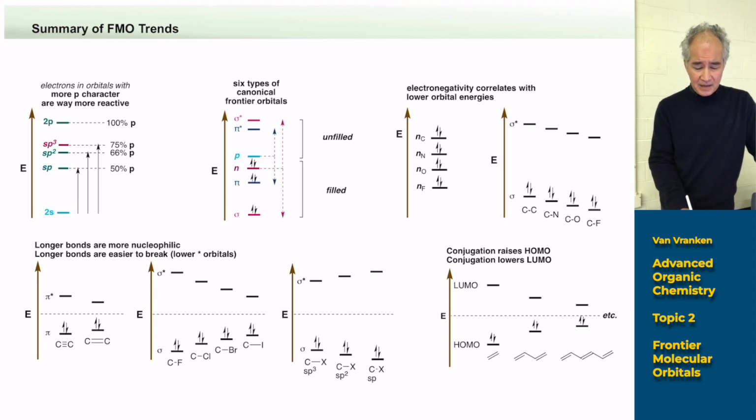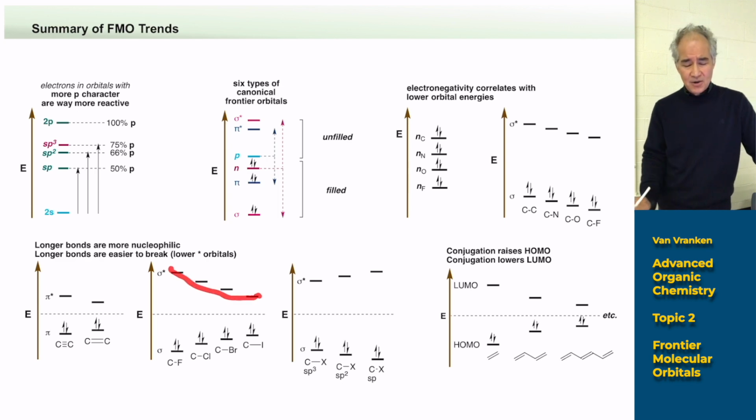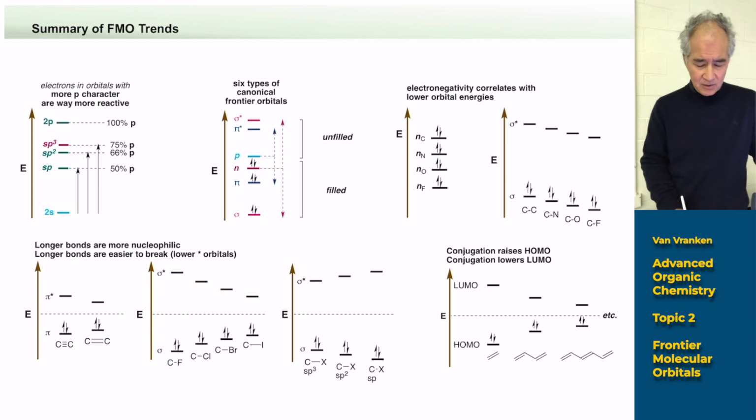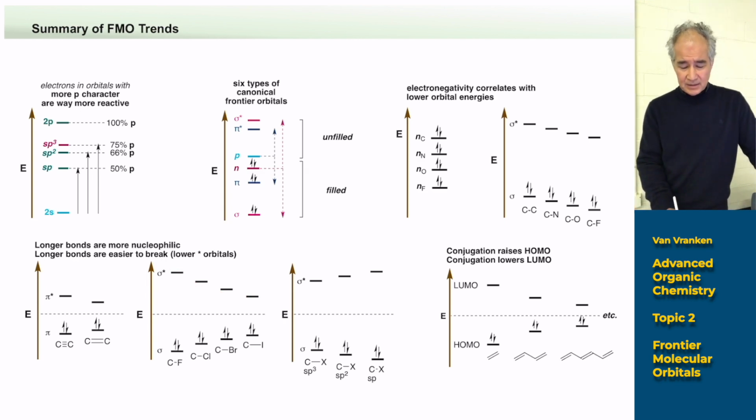If you look at the effect of bond length on halogens, carbon-halogen bonds, it's easier to do SN2 on alkyl iodides because sigma star is lower in energy. Right? Longer bonds are weaker. That hybridization effect applies to bonds, like over here, not just individual atoms in hybrid atomic orbitals. And that conjugation effect also applies to conjugation.